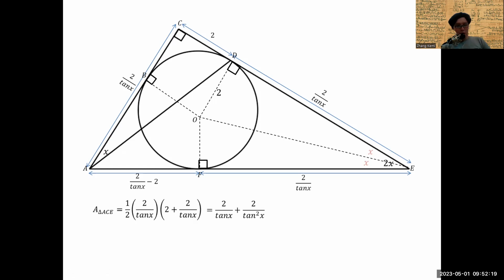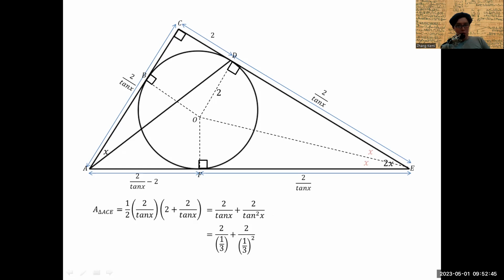If I simplify the terms, I have 2 cotangent x plus 2 cotangent square x, because this can be seen quite readily. Over here, you can just cancel the 2s. You have cotangent x, so 2 of cotangent x, and 2 of cotangent x is 2 cotangent square x.